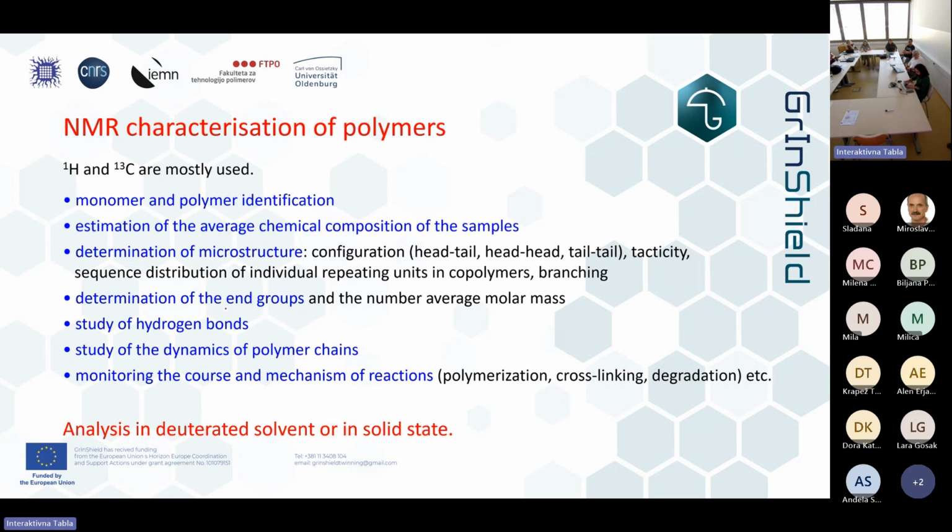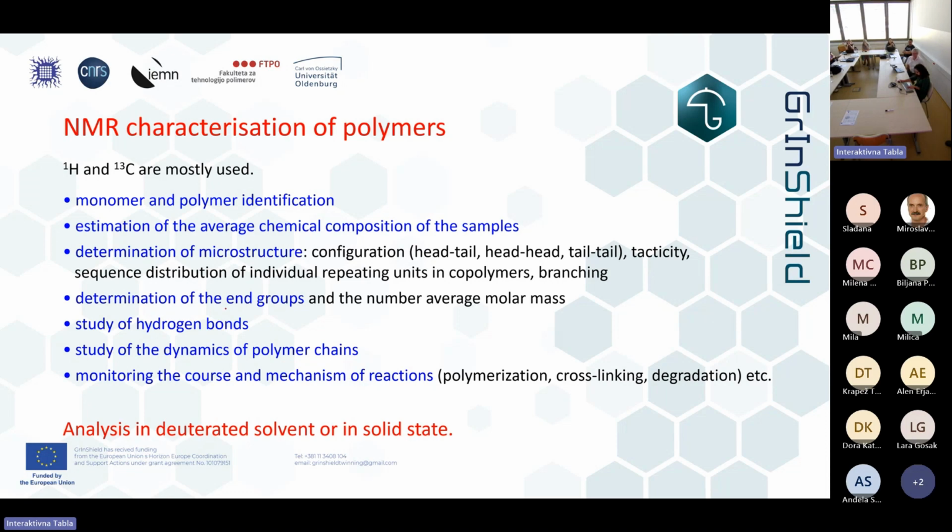Then we can estimate the average chemical composition of the sample. So if it's a copolymer or homopolymer, and we can determine end groups and so on. Then sometimes microstructure can be determined as well, configuration. Usually it's head to tail bonding of monomers, but sometimes we can observe head to head and tail to tail as well.